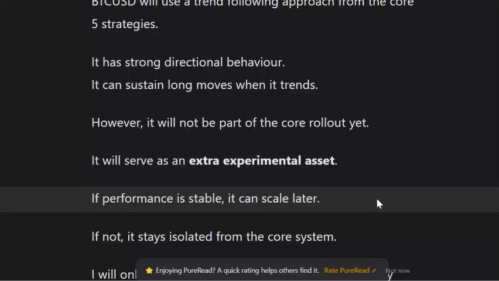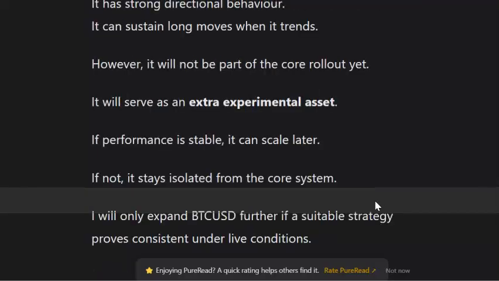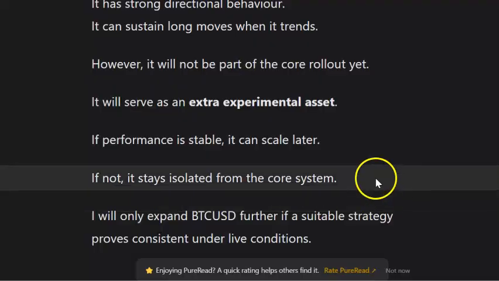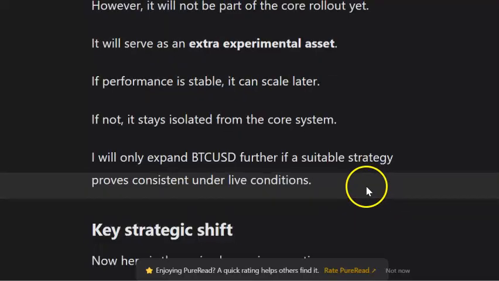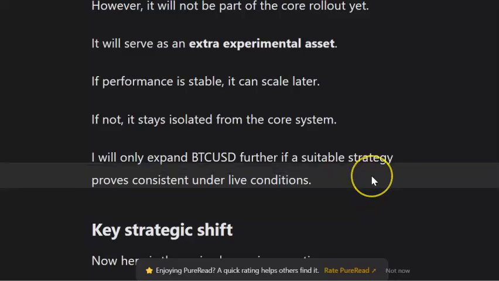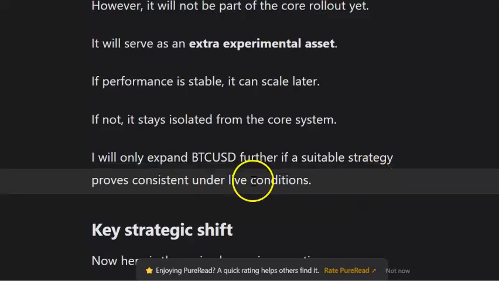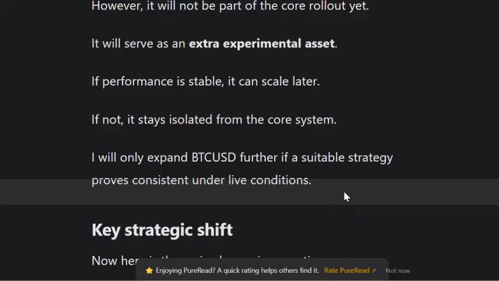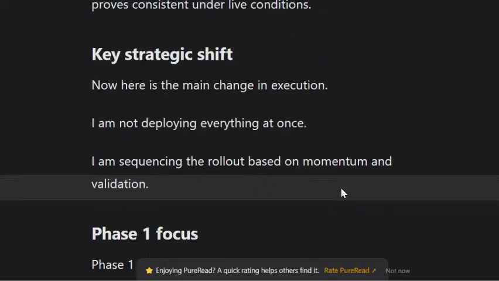We can add it later because we'll have more funds, which we can add more strategies and assets on, for example BTCUSD. But while I'm researching strategies, if I do come across a BTCUSD one, I will definitely look into it.